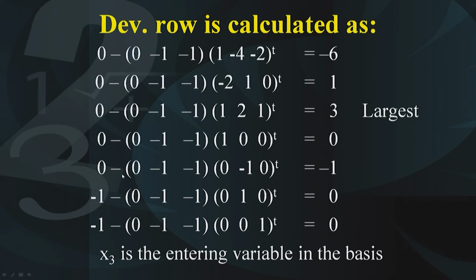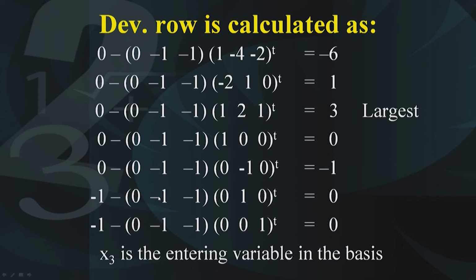Similarly, 0 minus (0, minus 1, minus 1) multiplied by (0, minus 1, 0) which comes out to be minus 1, and then the next entry is minus 1 minus (0, minus 1, minus 1) multiplied by (0, 1, 0) which is equal to 0, and similarly the last entry is minus 1 minus (0, minus 1, minus 1) multiplied by (0, 0, 1) which comes out to be 0.